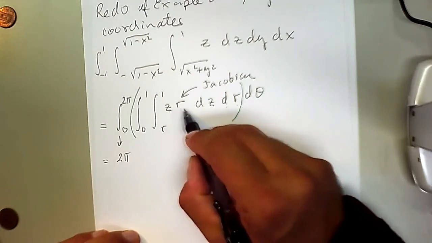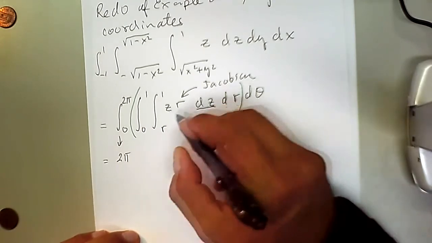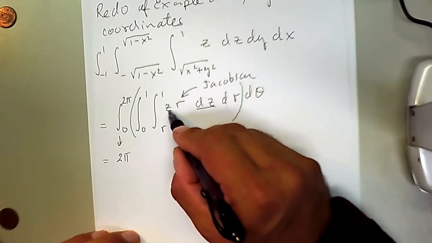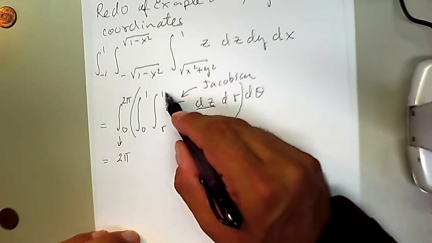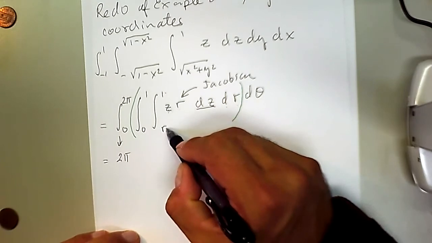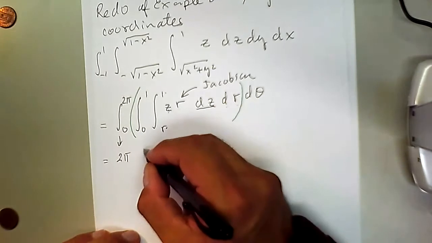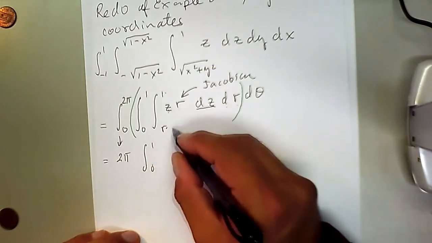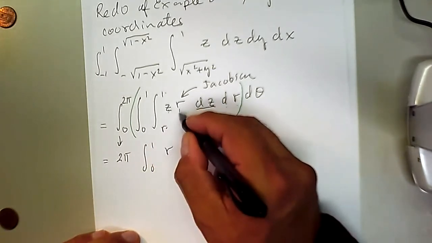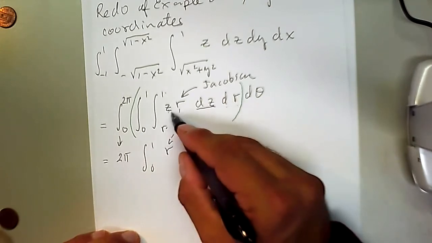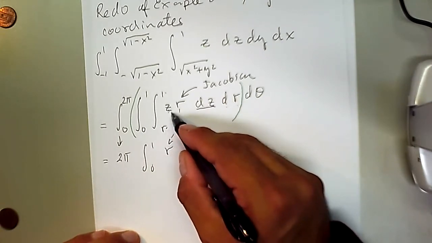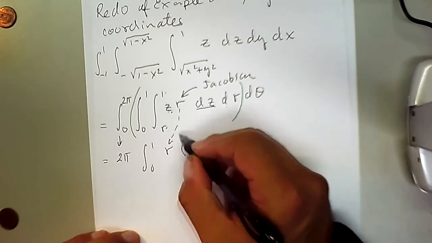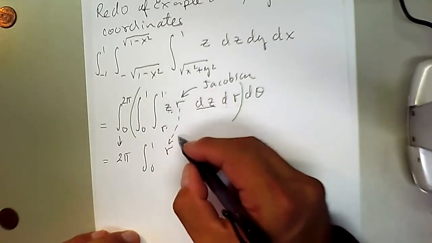So again, integrating with respect to z is going to give us z squared over 2. Plug in 1, plug in r for z, and subtract. So we're going to have the integral from 0 to 1, r. So this is the r. I'm just copying it down. This turns into z squared over 2 from r to 1.